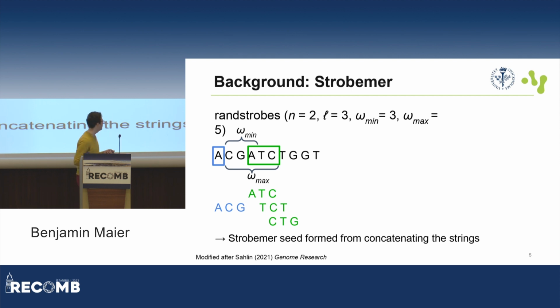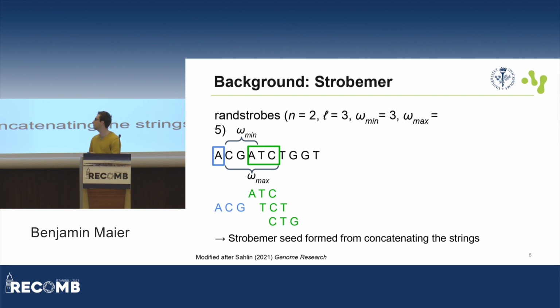So we would take the first position, take a shorter k-mer there, which is here of length 3, and then from a downstream window, characterized by an upper and lower bound, we are sampling a second strobe and concatenating them together.